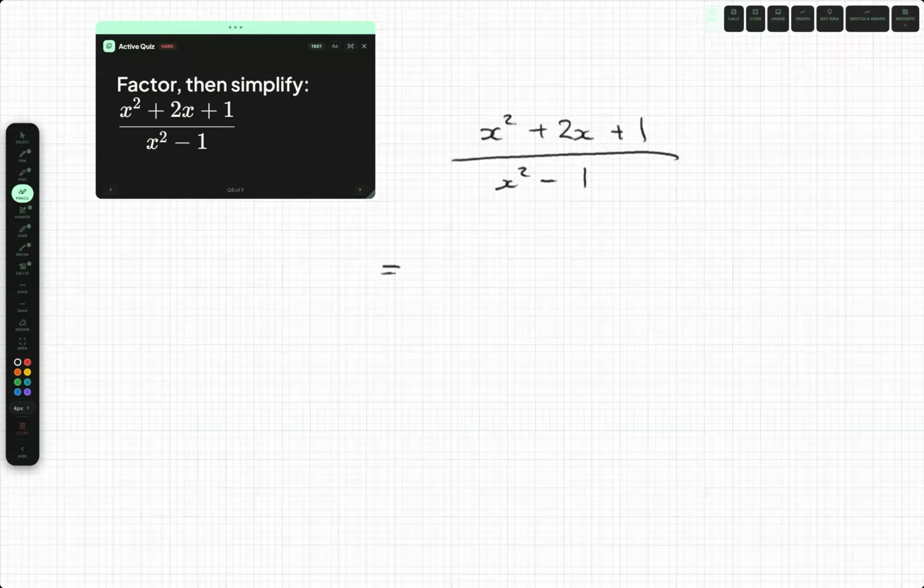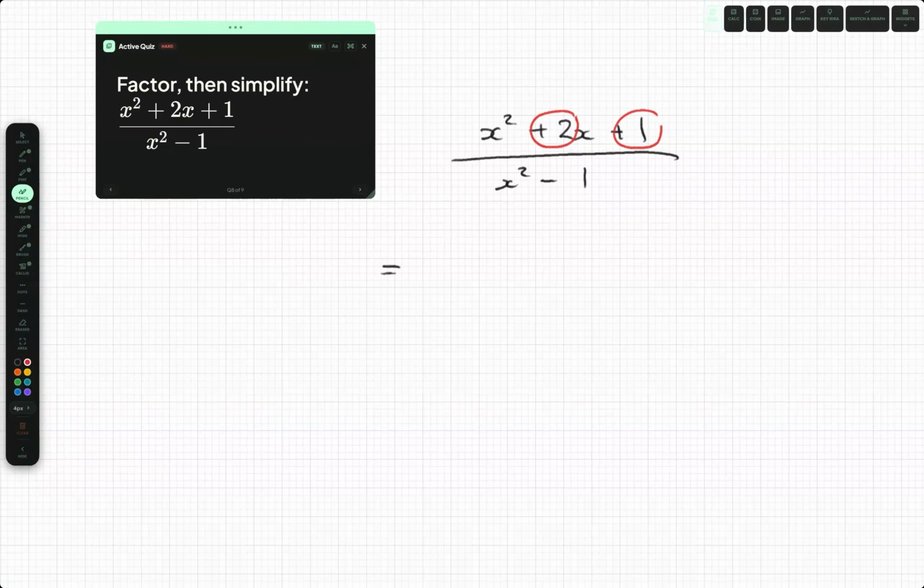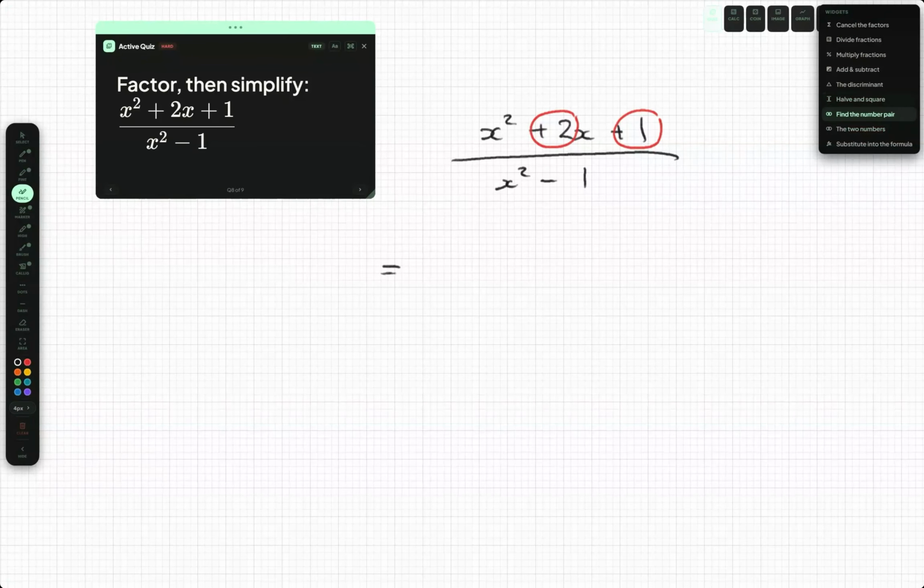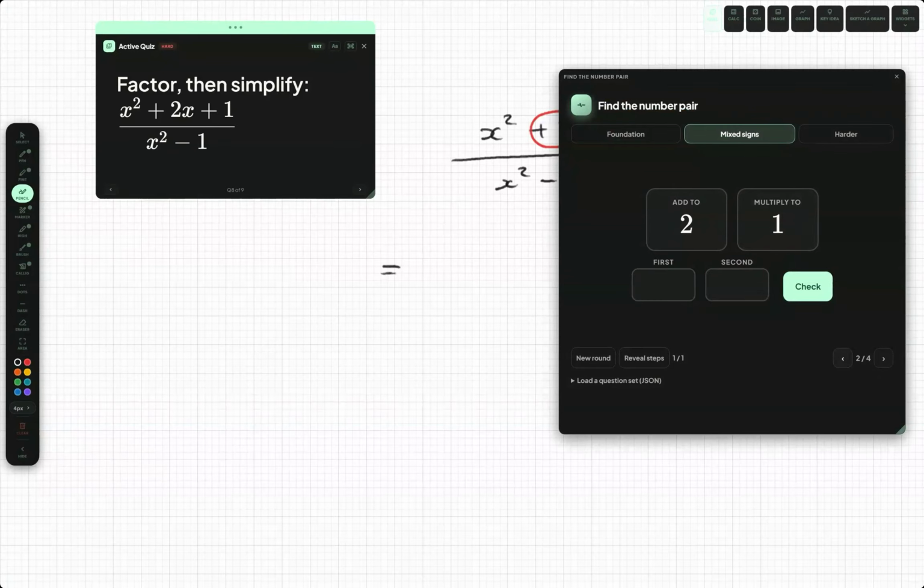We have to make sure that it's going to add up to positive 2, and it's going to multiply to give positive 1. Those are our two things that we need to do. So let's bring up our dreaded widget.